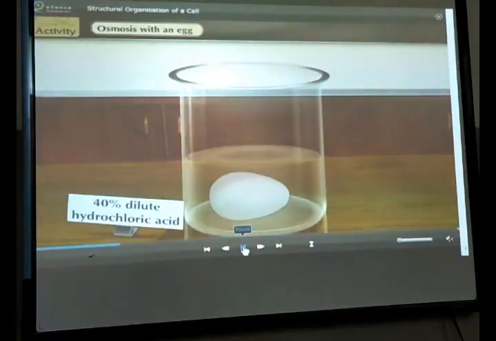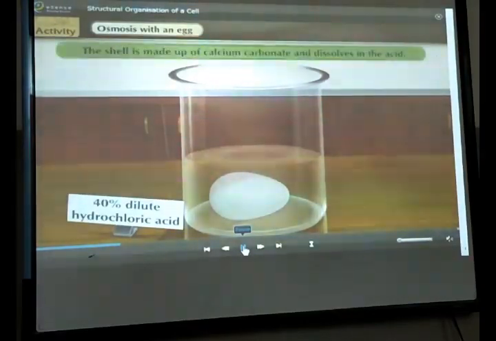Now see one example, you may say an activity. Here we are going to understand osmosis with an egg. So what happened? In the beaker we have to take 40% dilute hydrochloric acid, and here we have to put an egg.